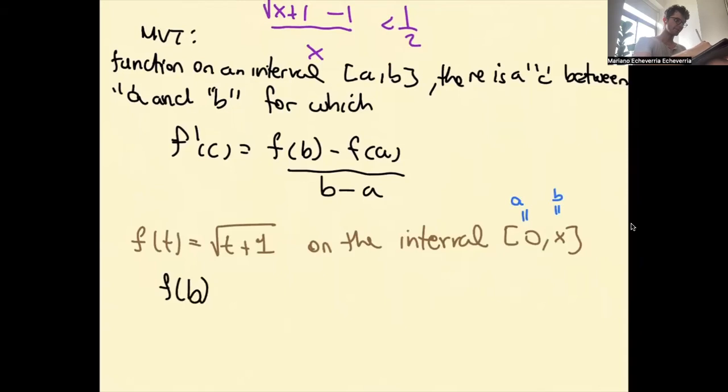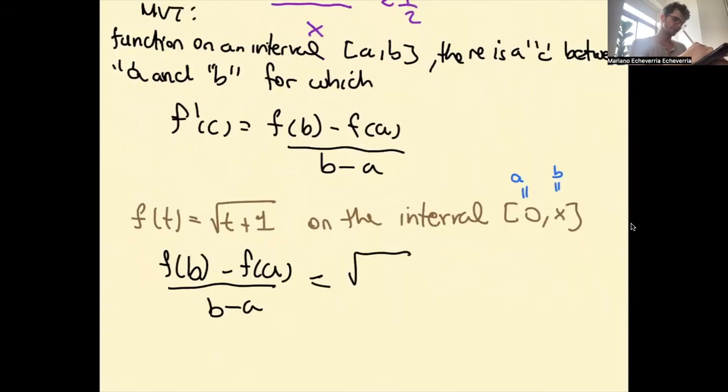Then what does f of b minus f of a over b minus a become? It would be f of x minus f of 0 over x minus 0. That's what you get if you do the substitution.